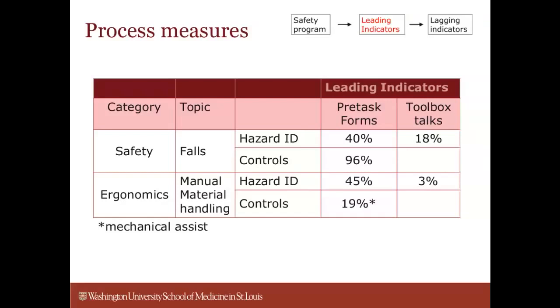So they were doing a very good job of identifying proper controls for falls. But for ergonomics, manual material handling, 45% did recognize manual material handling as a hazard, but only 19% of those forms indicated a mechanical assist or a good control for that risk.